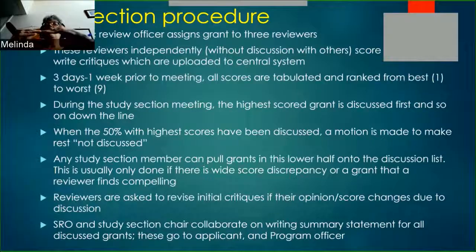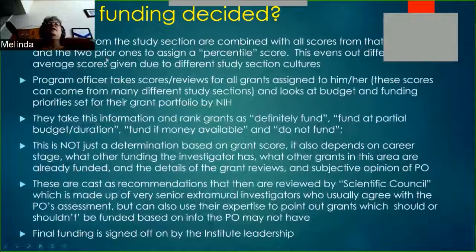So all of that results in a whole bunch of numbers. So we'll have 20 to 30 independent scores of your grant, which are then averaged. Okay, let me back up a second. So the raw scores from the study section are averaged and then multiplied by 10. So if you get your score back and you got a 23 on your grant, that probably means the range was 2 to 3.